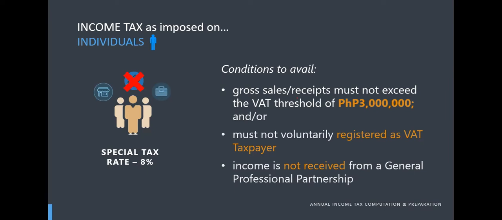The rationale is that the general professional partnership already claimed deductions, so what was being distributed was the net income of the partnership. That's why the partners' income is only subjected to graduated income tax rates.